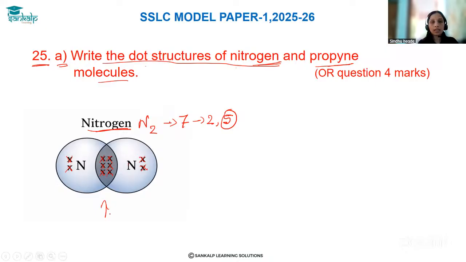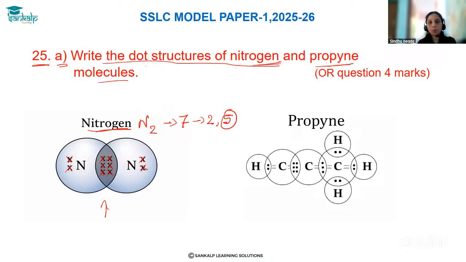Then how to write the dot structure for propane? Propane is nothing but C3H4, right? Molecular formula C3H4, carbon 3, hydrogen 4 here. The bond is formed between carbon and hydrogen.